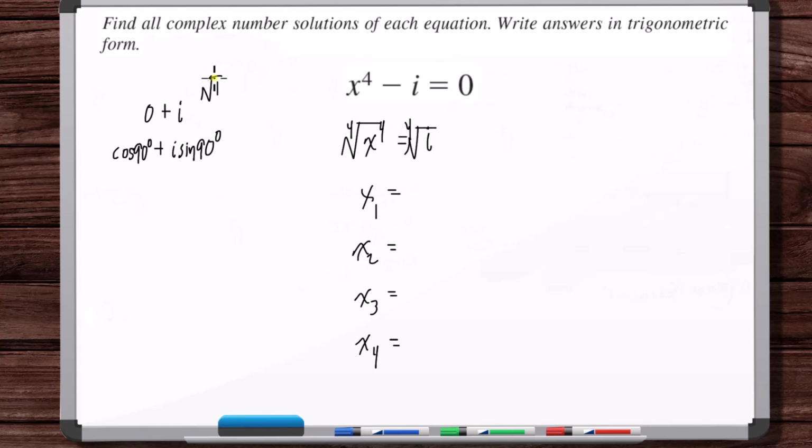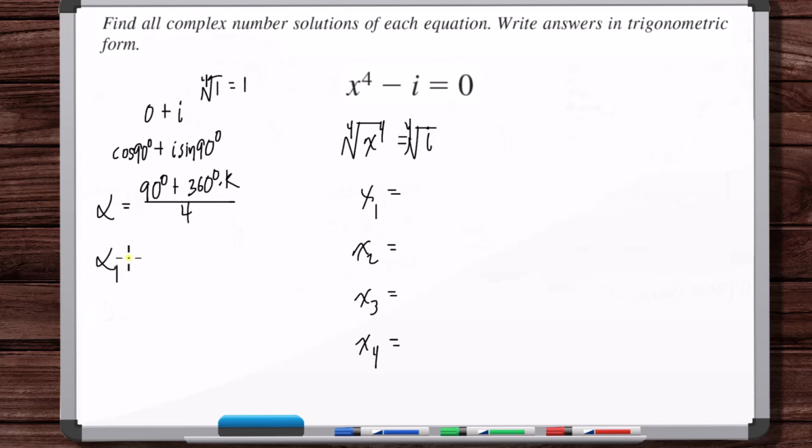Okay, the radiuses of each of these, principal fourth root of 1, so they're all going to be 1. So we've got alpha is equal to 90 plus 360 times k all over 4.